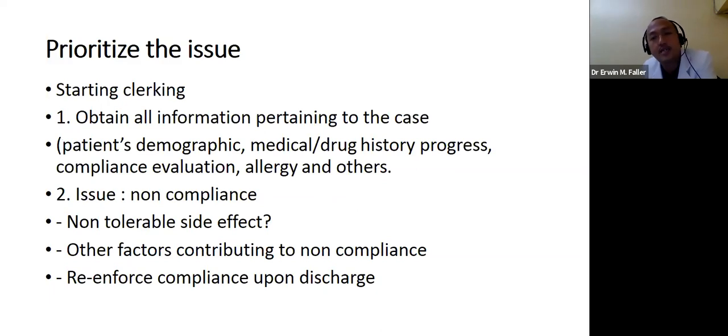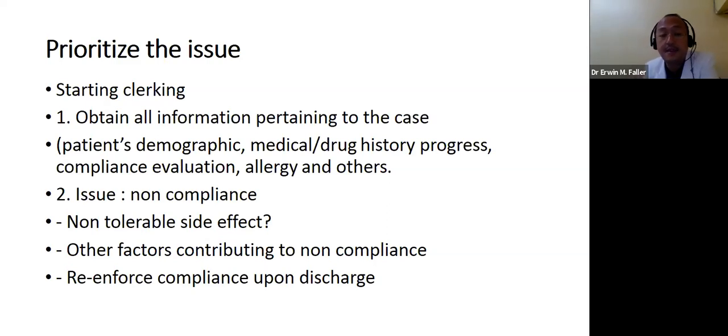The question here is, is there any potential side effect that the patient may be suffering because of non-tolerable side effects associated with non-compliance, and other factors contributing to non-compliance with the drug? At the same time, you'll also be able to reinforce your counseling upon the discharge of the patient, because you are in charge as a discharge pharmacist in the hospital setting.